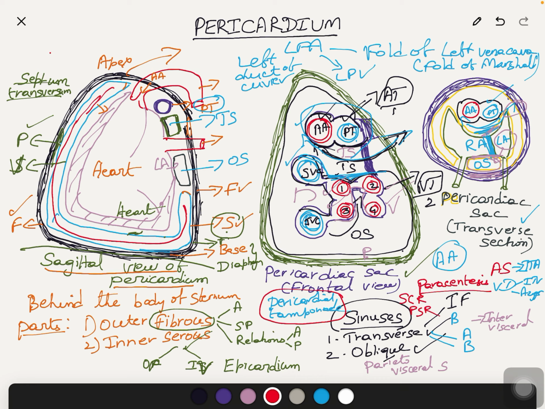Subcostal route: you have to put a needle through the left costoxiphoid angle with an upward inclination of about 45 degrees, so that you will reach the pericardial cavity and the fluid may be effectively drained if the patient is propped up. If you become a cardiac surgeon, you will be doing this paracentesis or aspiration of the pericardial fluid.